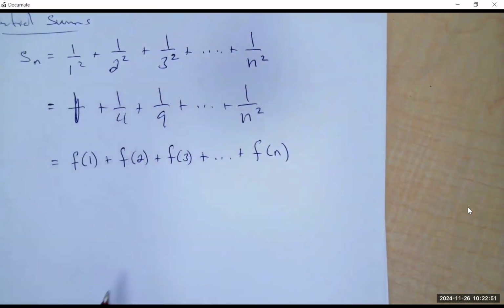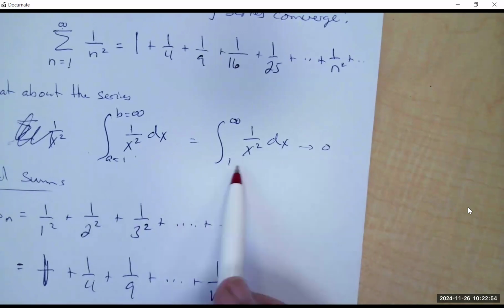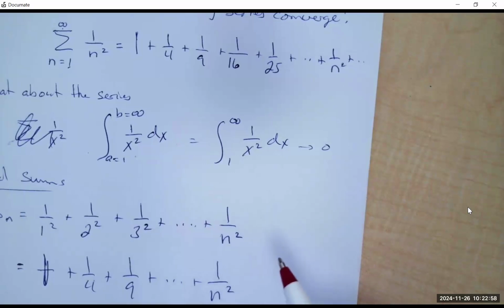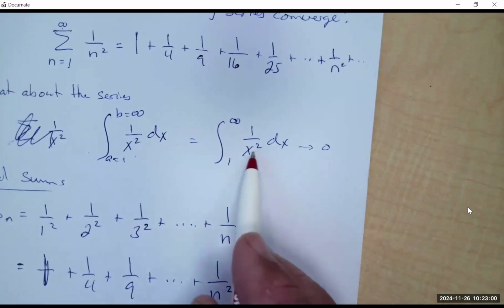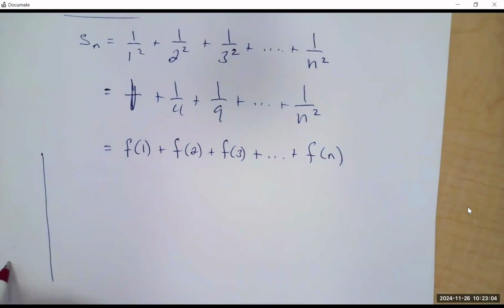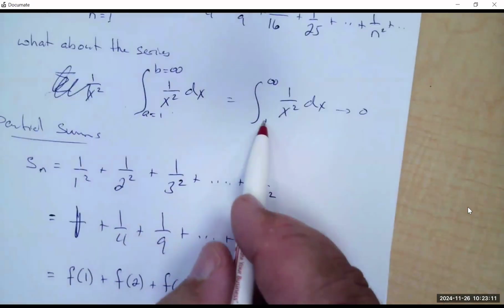So now, what does this tell us? What does this find for us? Integral finds area under the curve. So if we look at our graph, what does 1/x squared look like from 1 to infinity?